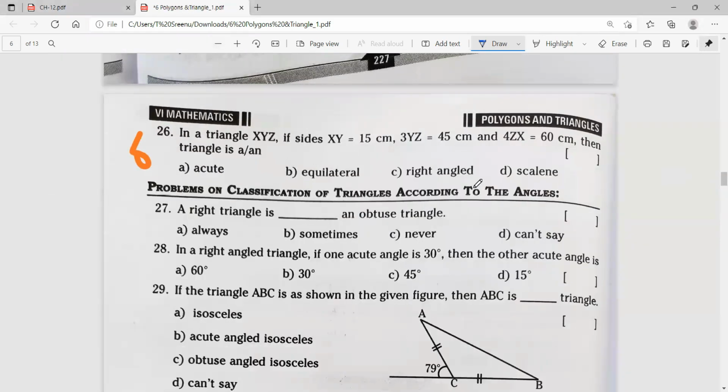In a triangle XYZ, XY is equal to 15 centimeters, 3YZ is 45, 4ZX is equal to 60. And the triangle is, so let's do it on a board. I'll take the board.